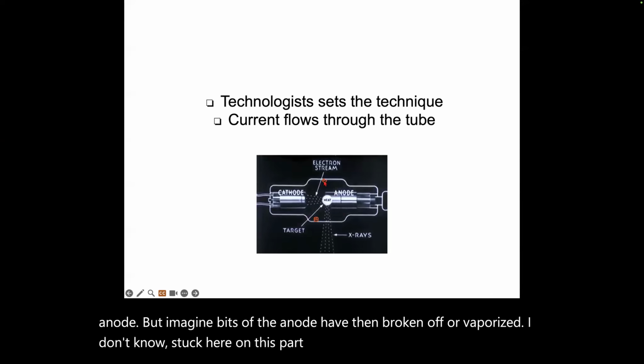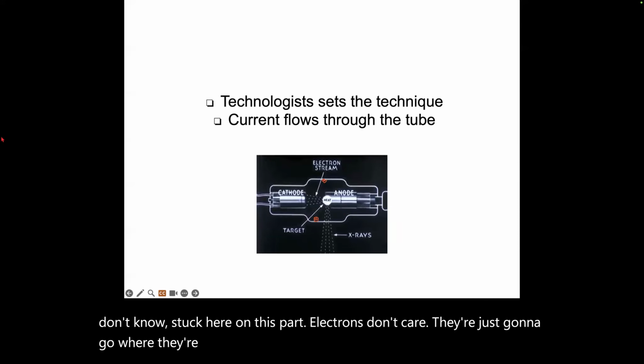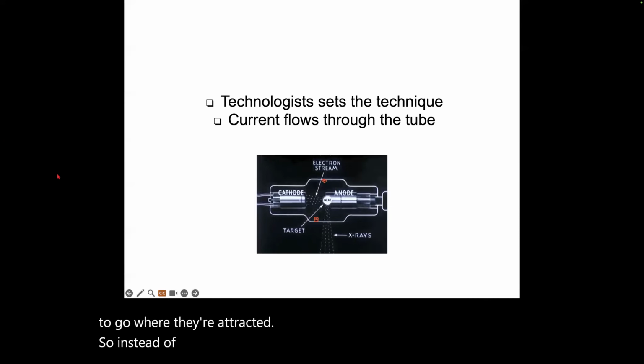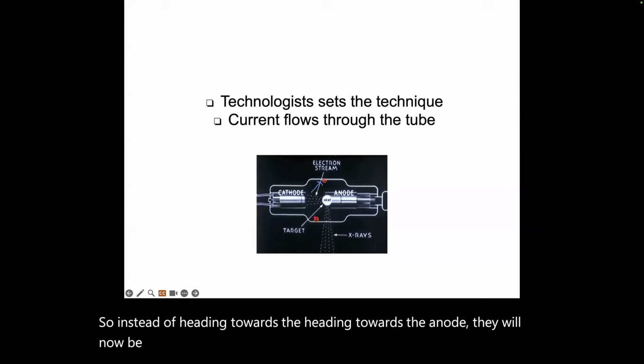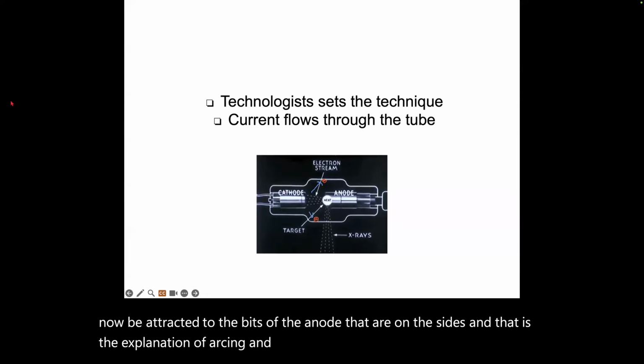Electrons don't care, they just go where they're attracted. So instead of heading towards the anode, they will now be attracted to the bits of the anode on the sides. That is the explanation of arcing, and that's the cause of instant tube failure.